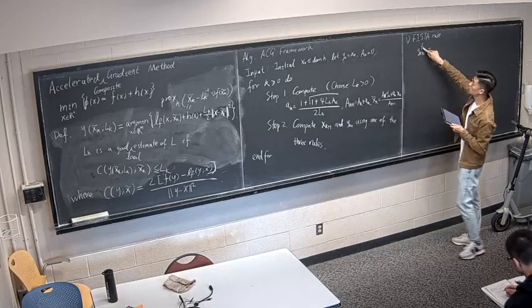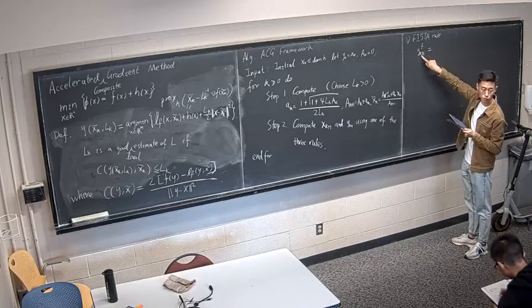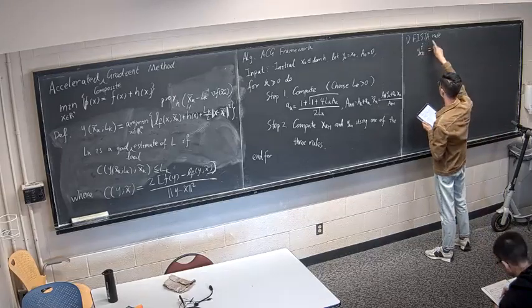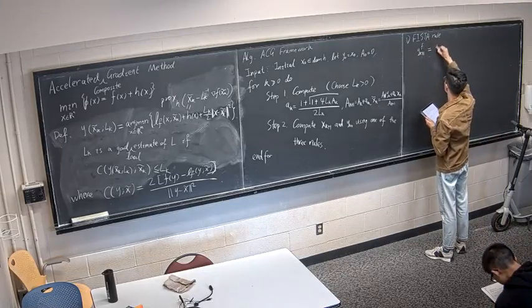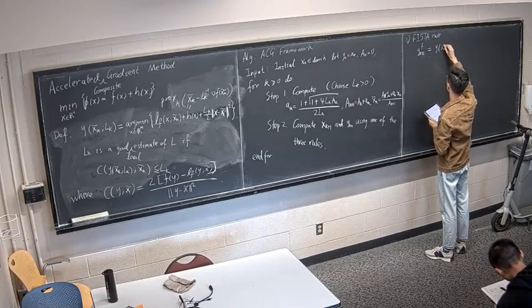We use F here to denote this is the Fisher rule. So YK plus 1 in the Fisher rule is exactly the one we have seen.